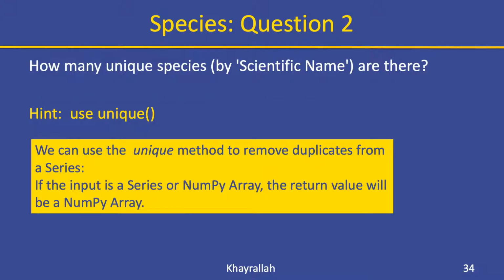For question number 2, we need to answer how many unique species there are, and we'll define a unique species based on the scientific name. So our hint here is to use the unique method. The unique method allows us to remove duplicates from a series. So when we invoke unique on a pandas series, the return value will be a NumPy array. So let's see how to use unique here.